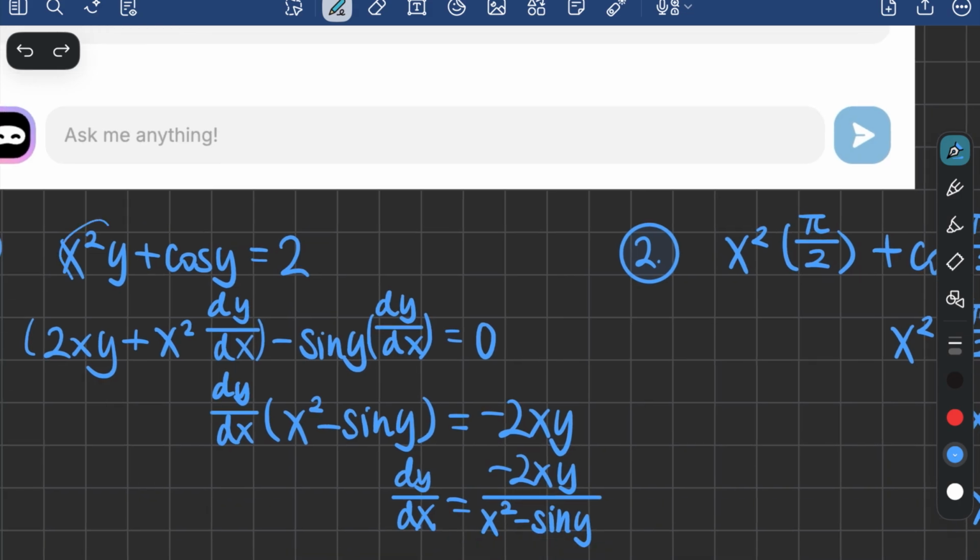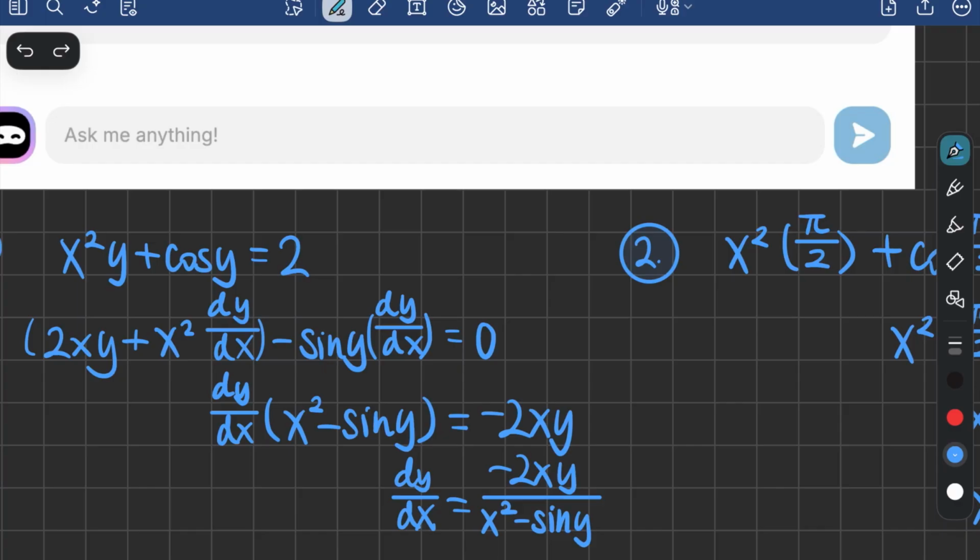So this is a product, so we want to do the product rule, and we have 2xy, so we differentiate x first, times y originally, and then plus y to the power of 2 times the derivative of this.